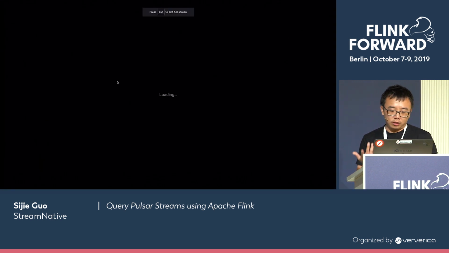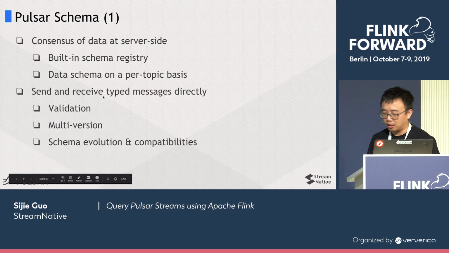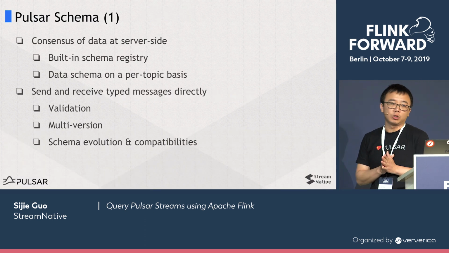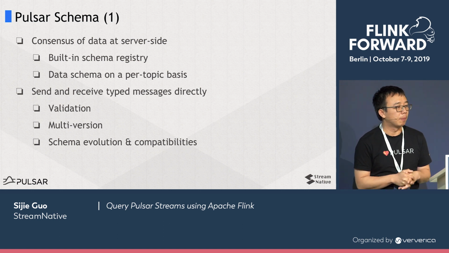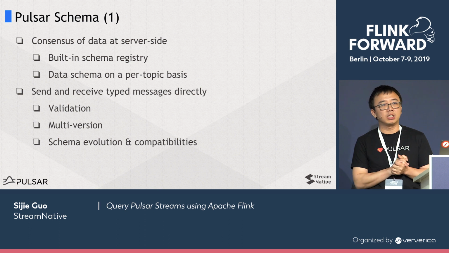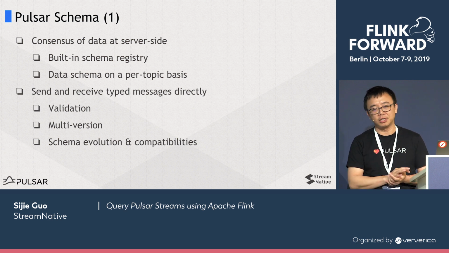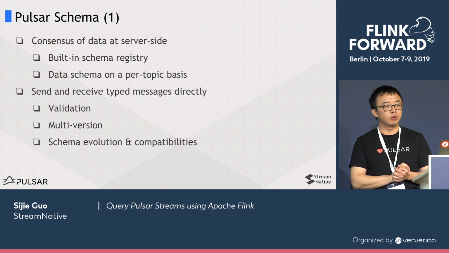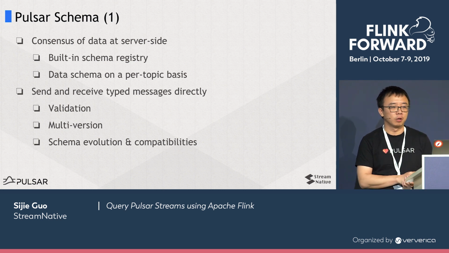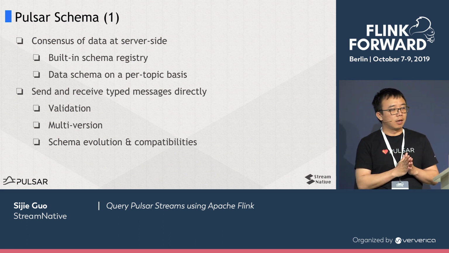Before going into a bit more detail about how we did that, I would like to introduce a bit about the Pulsar schema. Pulsar puts the schema as a first-class citizen into the whole system design. It's not an external system. You don't need to set up an external schema registry. It's all built into the broker, and it's the consensus of the data at the broker side.